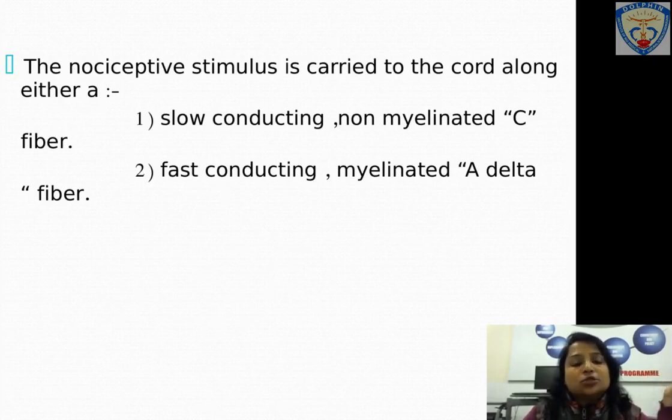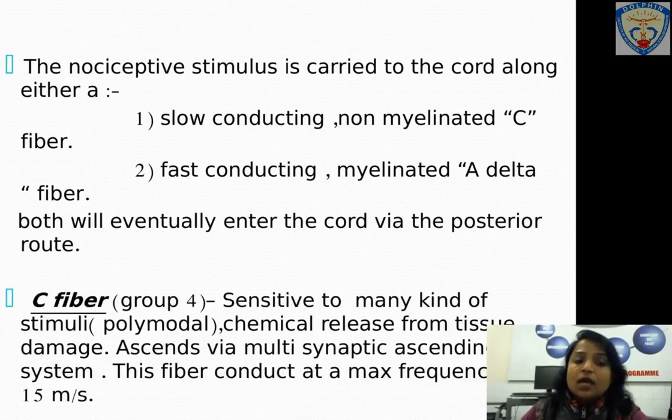They are slow conducting because there is no myelin sheath, so there will be no saltatory conduction. The other is the fast conducting myelinated A delta fibers. They are myelinated, so there will be saltatory conduction. The stimulus will jump from one node of Ranvier to another, and hence its speed is more as compared to C fibers. Both will eventually enter the cord via the posterior root.